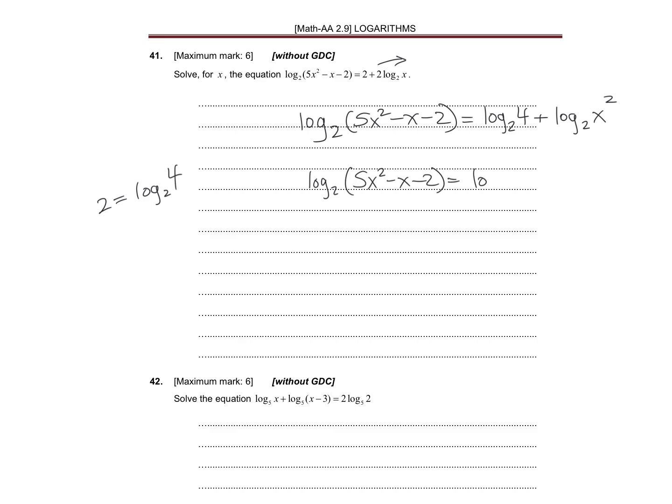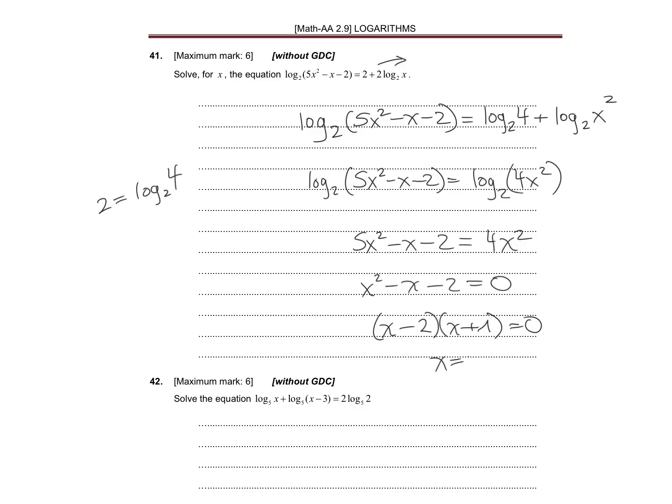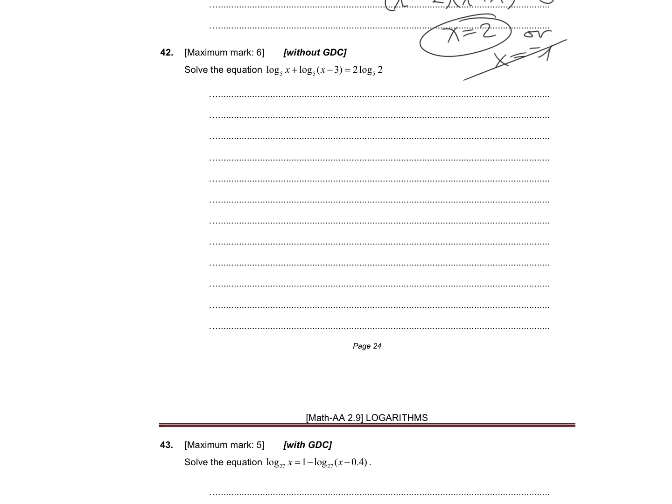And those together is log base 2 of 4x squared. And then we have these things, and the logs are equal. Get it equal to 0, so x squared minus x minus 2 equals 0. It factors to x minus 2, x plus 1. So x is 2 or x is negative 1. Can't be negative 1, but 2 is fine.